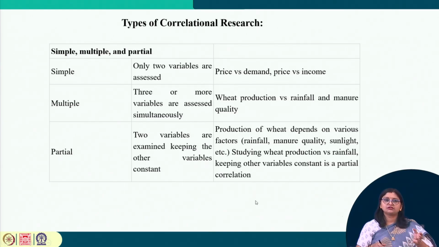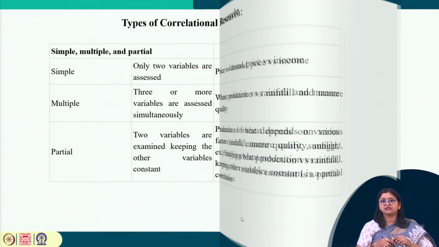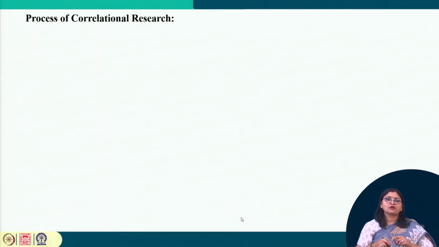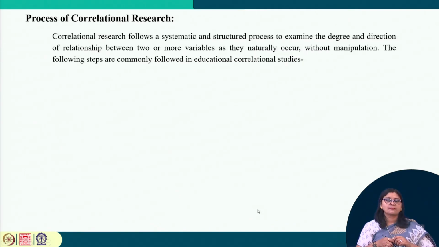So, you can also study these in your research analysis paper; these are part of that. So, the process of correlational research.